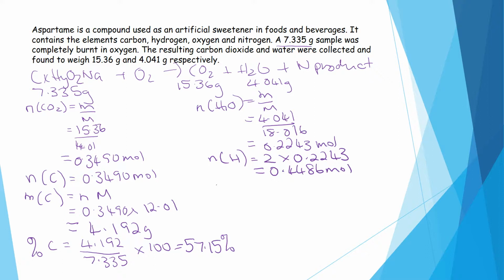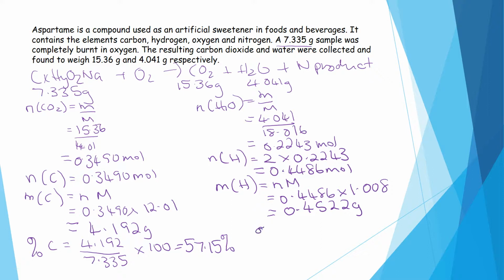Now from there we can find the mass of hydrogen, which will equal number of moles times formula mass, which is 0.4486 times 1.008, which comes out to a mass of 0.4522 grams.